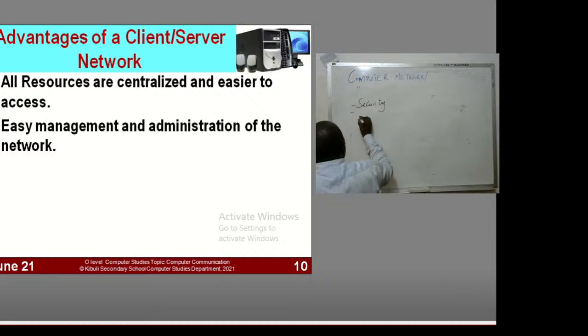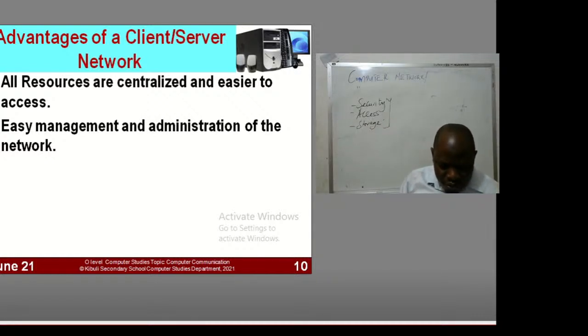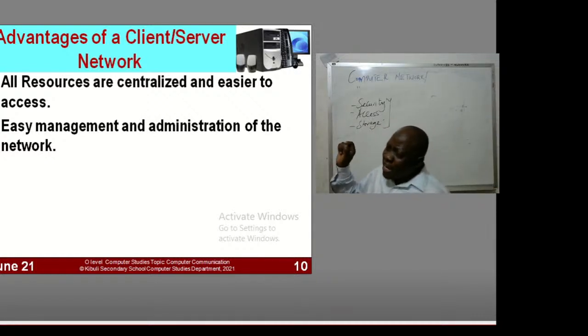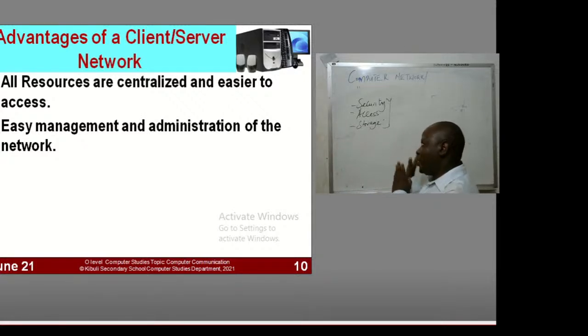Then the other one, access to data. Then the other one, storage of data. Now, as we look at this, we shall later on look at the advantages of a network. What are the advantages? Again, they may fall here.